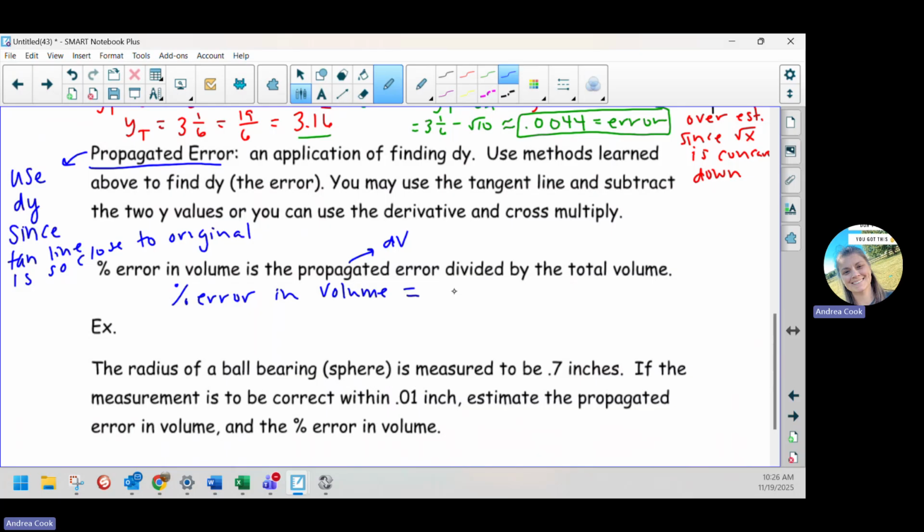So we're finding volume. So it would be dv divided by the total volume, which is v. The other thing I want you to write down is that if it asks you to estimate, that means we're going to use dy or dv or d whatever they ask you to estimate.